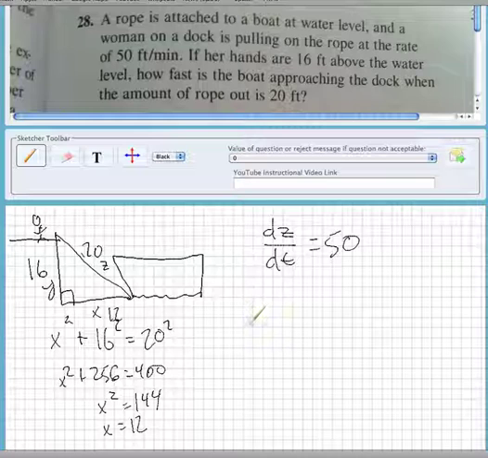But we do have this right here. We have the Pythagorean theorem. We have that x squared plus 16 squared, this is going to be constant, is equal to z squared.